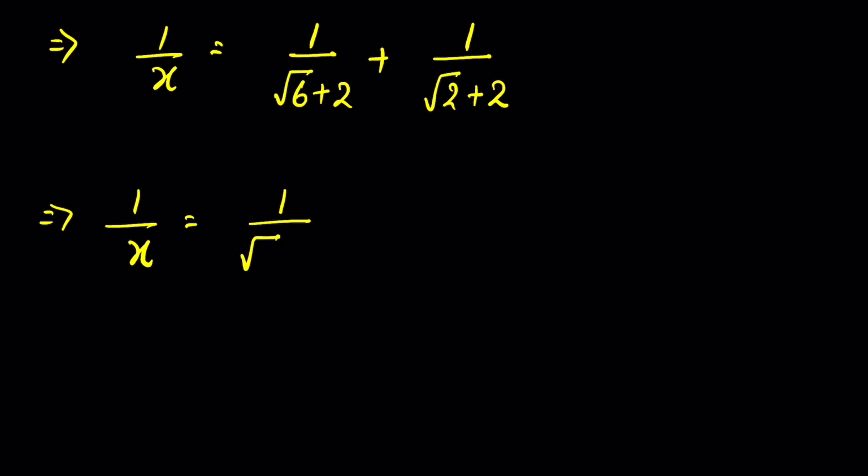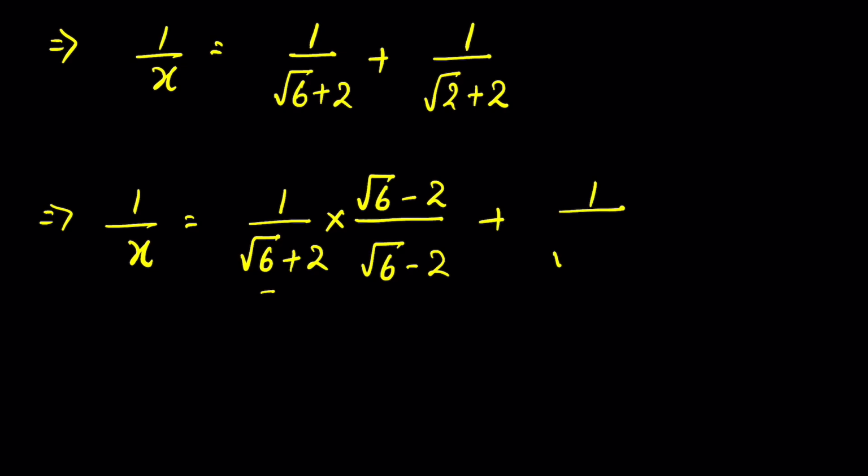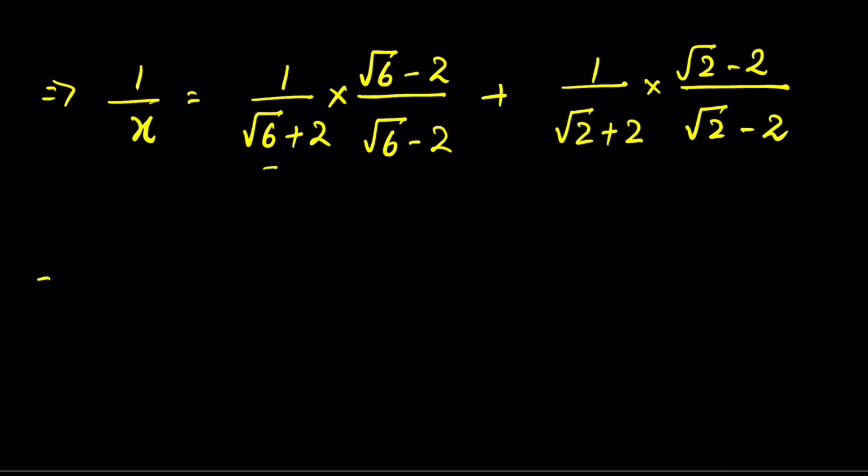So we multiply and divide by the conjugate of the denominator, that will be square root of 6 minus 2 upon square root of 6 minus 2, plus 1 upon square root of 2 plus 2, conjugate will be square root of 2 minus 2 upon square root of 2 minus 2.